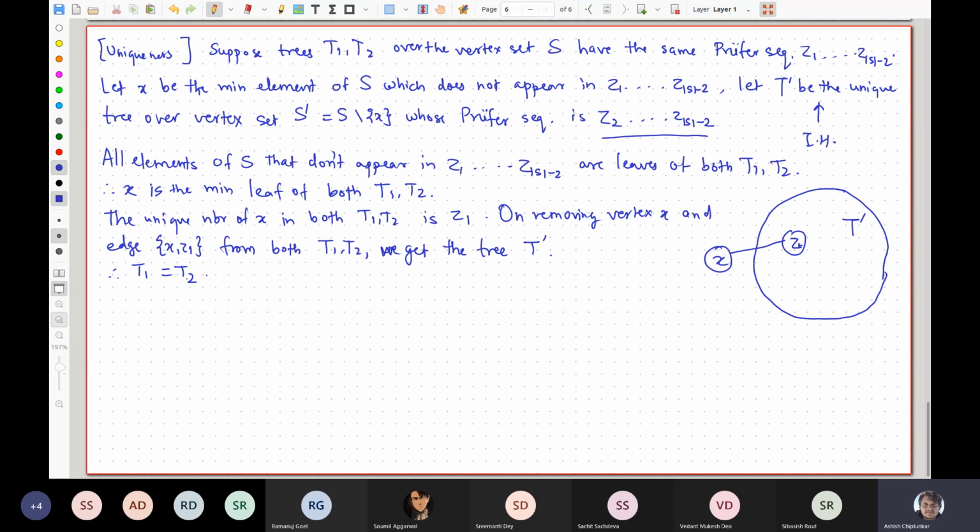I just want you to be aware of the existence of such graphs and the fact that they have been well studied, and you are going to encounter them in future courses somewhere sometime.